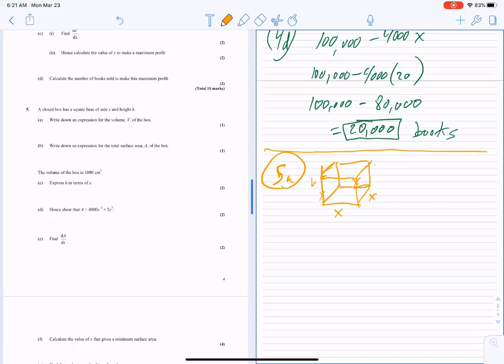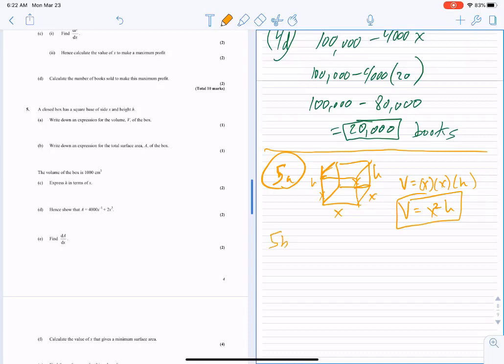Not well drawn, but that's h. So the volume here would be length times width, which are both x because it's a square base, times the height. So basically my volume is x squared h. That's the expression they want me to find. That's an expression for the volume of this box. So this is your answer for 5A. Not much to it, really.